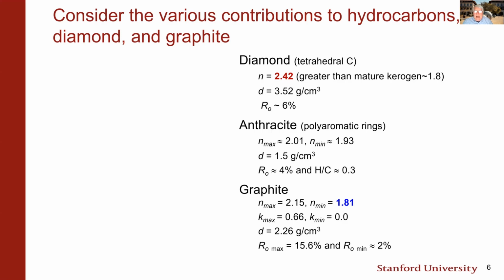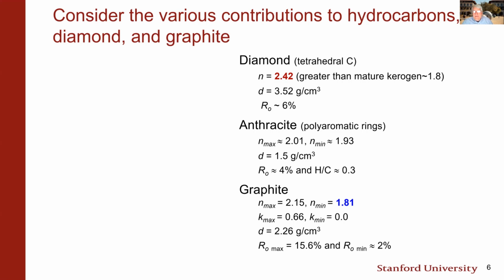The reason it has a high refractive index is because it has a high density, 3.52 grams per cubic centimeter, compared to graphite at 2.26 grams per cubic centimeter. And because of that high density, it has a high reflectivity, around 6%, which is really very high for any kerogen.